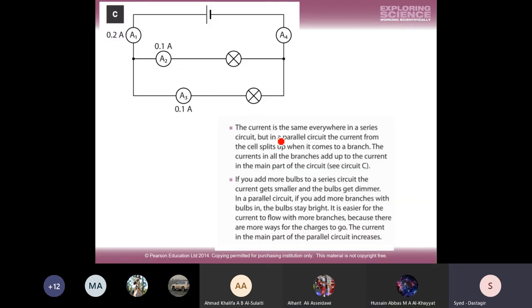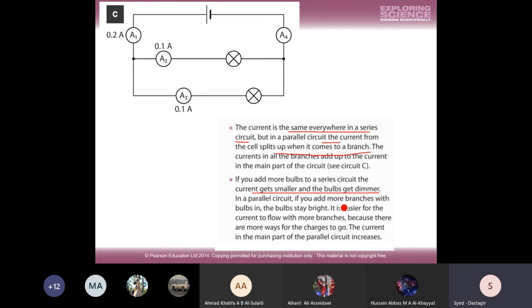So look, the current is the same everywhere in a series circuit. If this was a series, it would be 0.2 everywhere. But in a parallel circuit, it splits up when it branches. So if you add more bulbs in a series circuit, the current gets smaller and the bulbs get dimmer.